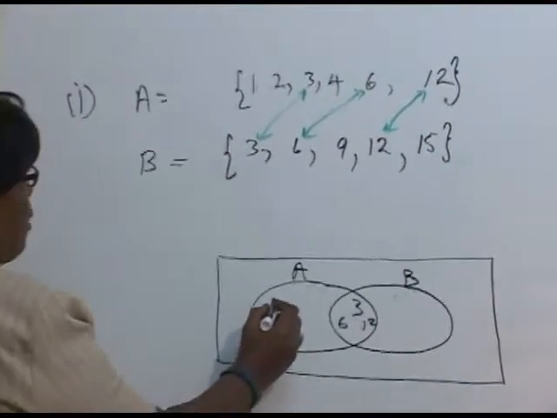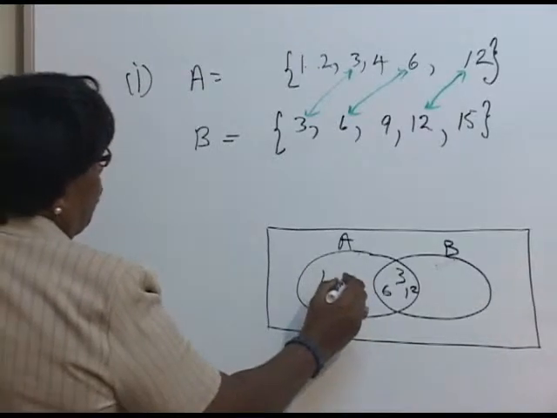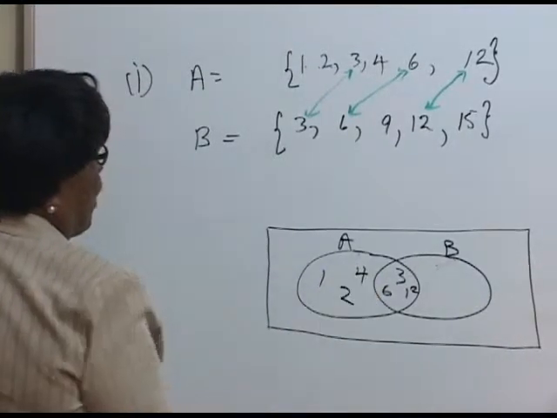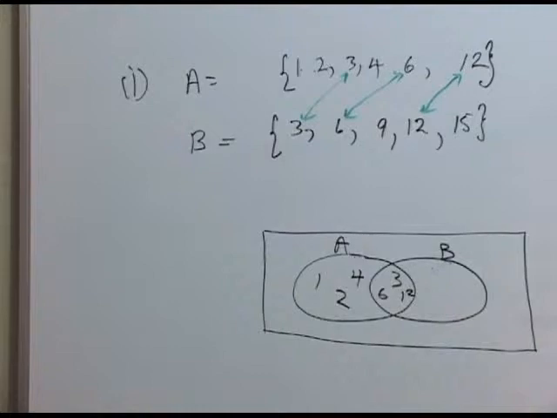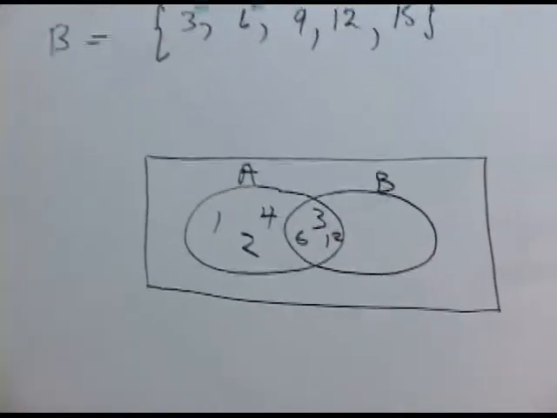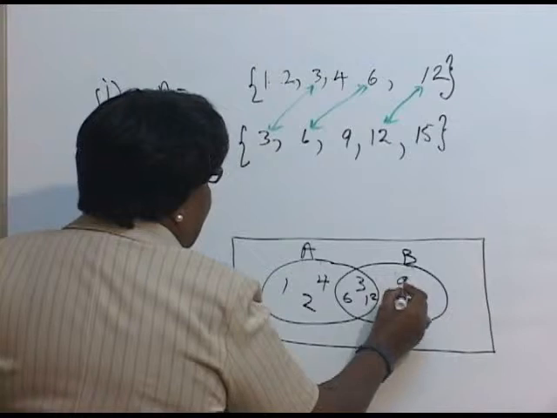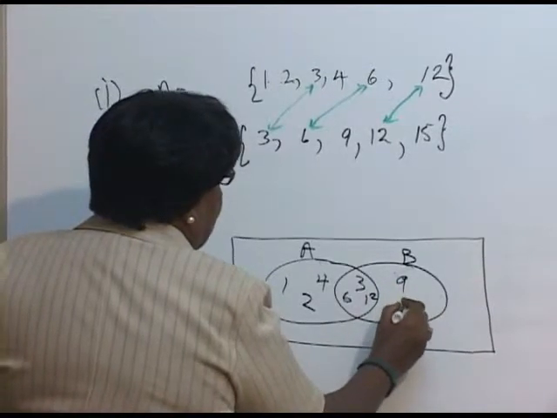We have 1, 2, 4, and that is it, because the other members are in the intersection. Then we go back to set B and see what members we did not list. There is 9 and there is also 15.